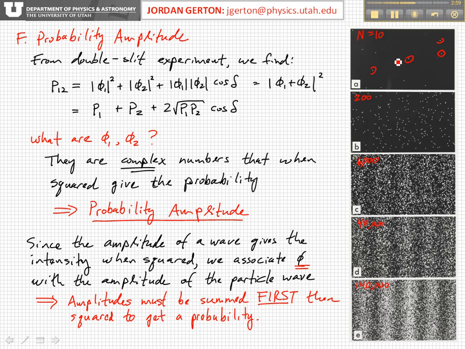So it measures a whole area, and if you only have a few electrons, you don't really see any obvious pattern. But then as we let the experiment run longer and longer and accumulate more and more electrons, we start to see a pattern emerging, and eventually it looks exactly like you would expect from a double slit experiment, where you have waves of a particular wavelength that are given by the energy of these electrons.